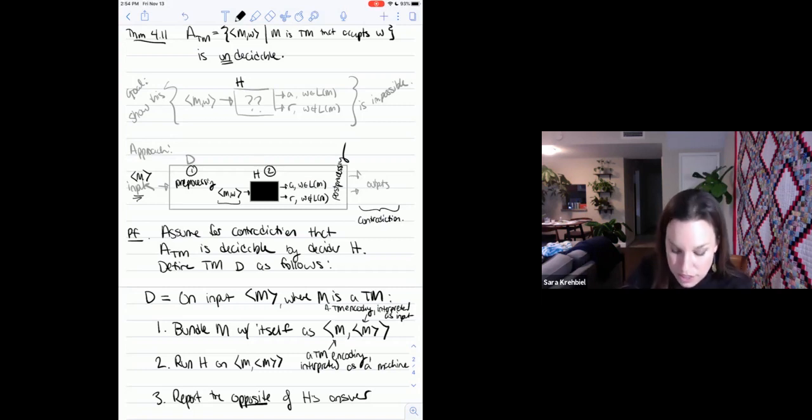So my machine now looks like this: if I take my input M, my pre-processing phase is going to say combine M with itself.